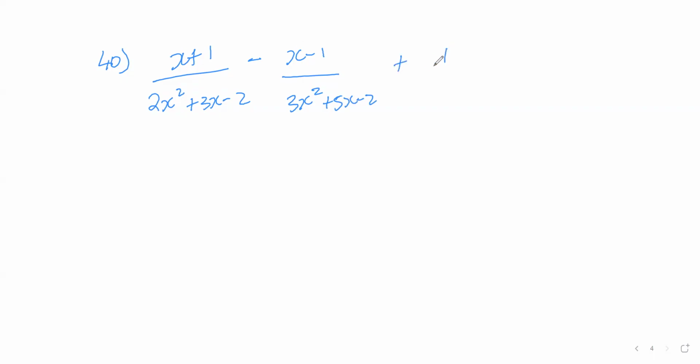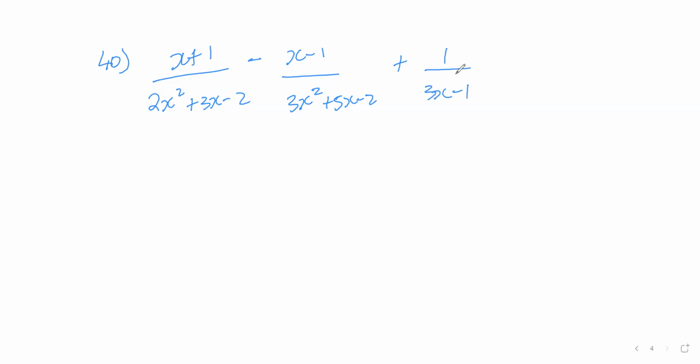Number 40 says, given (x + 1)/(2x² + 3x − 2), and then minus (x − 1)/(3x² + 5x − 2), plus 1/(3x − 1). It's not a plus, it's a minus.